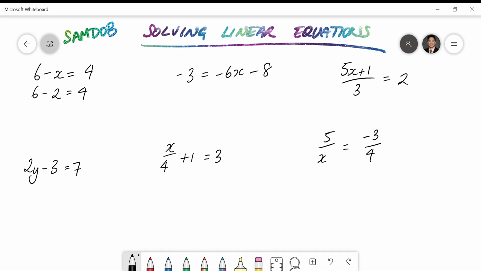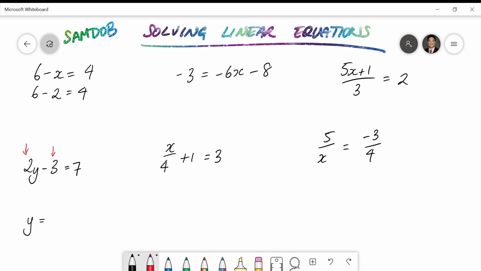So here we have 2y minus 3 equals 7, and we want to know what y is equal to. We've got two numbers here, a minus 3 and a 2, that we want to make disappear to have y by itself. But we can't just magically erase them.